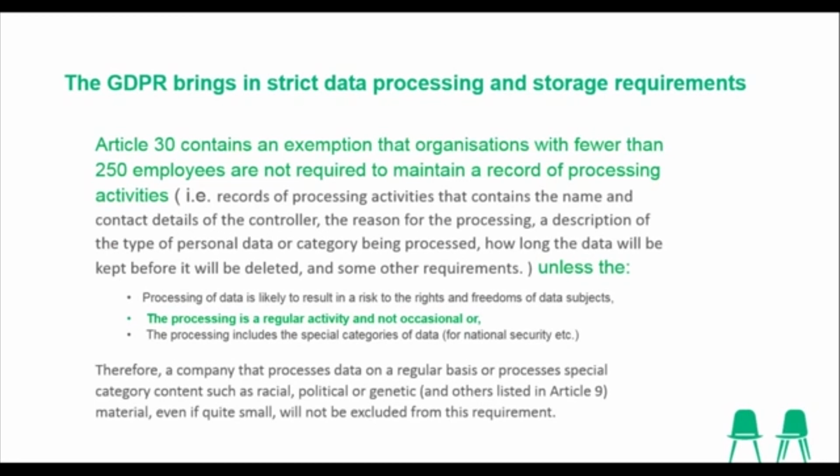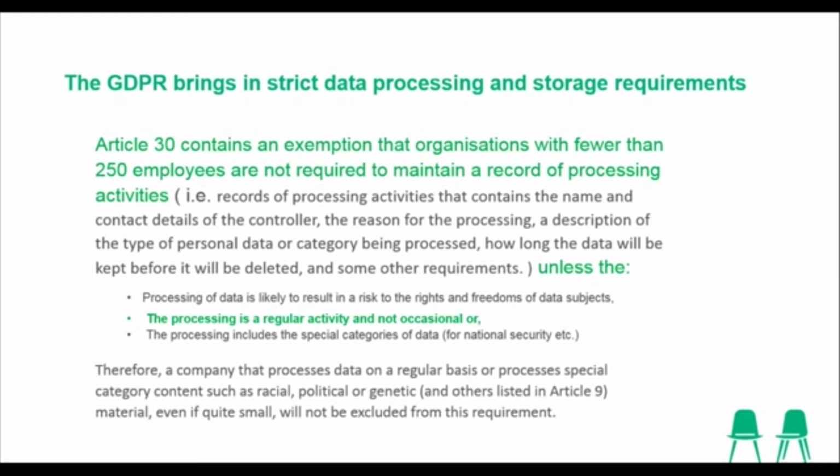Now, the following slide you may think is a get out of jail free card. There is going to be a big but to it, though. So Article 30 contains an exemption. The organizations with fewer than 250 employees, so I can hear you getting excited, well, that means us, doesn't it?